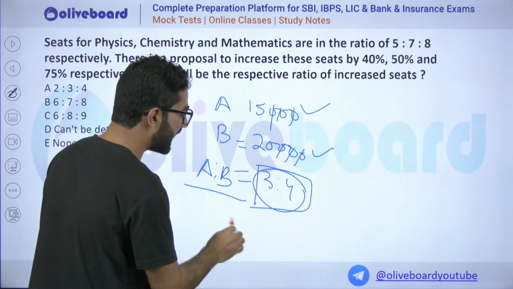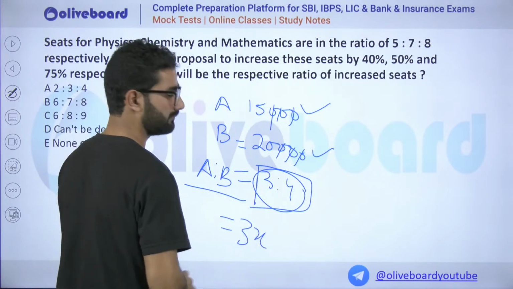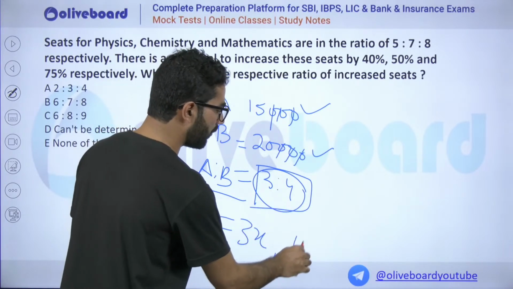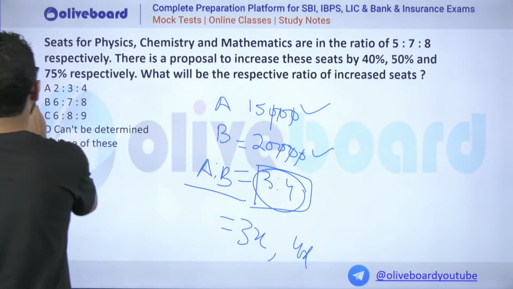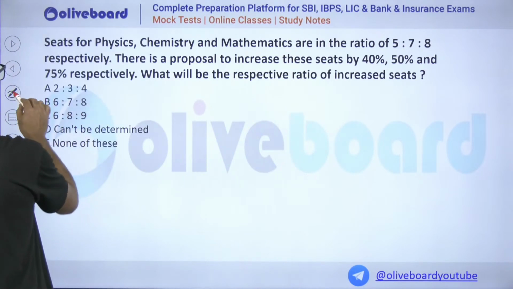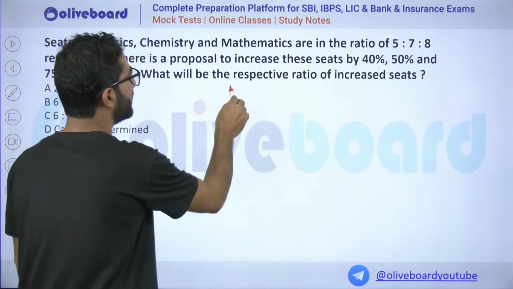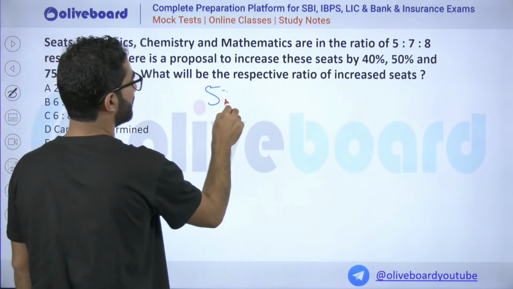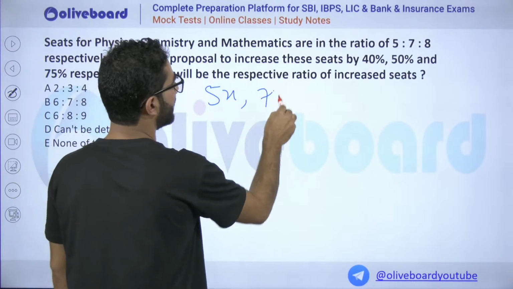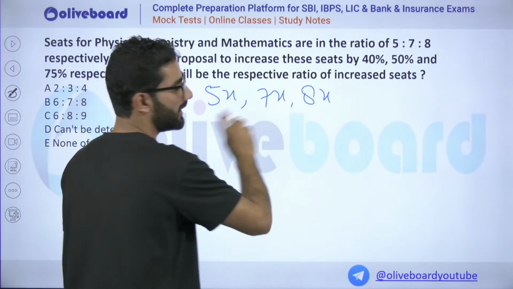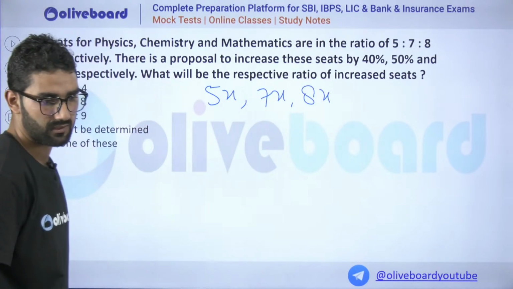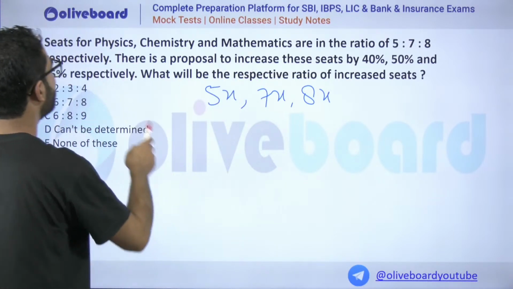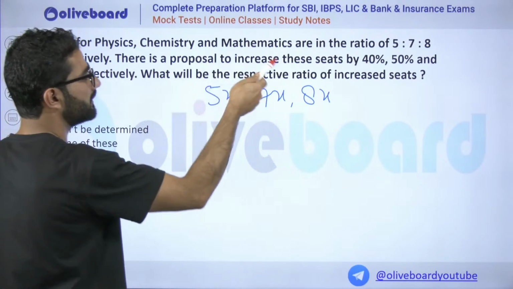If I say what was the salary of A, it was 3x. We are going to find this factor x. The salary of B was 4x. Similarly, if there are some seats, I don't know how many seats there are, it will be 5x, 7x, and 8x. The same factor will be multiplied to everyone. Now the question is that there is a proposal to increase the seats by 40%.